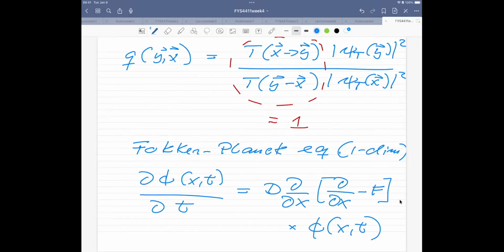This equation will give us a ratio between the two transition probabilities which is going to be different from 1. And what we are going to show when we solve this equation, and this is what we will do next week, is the following.